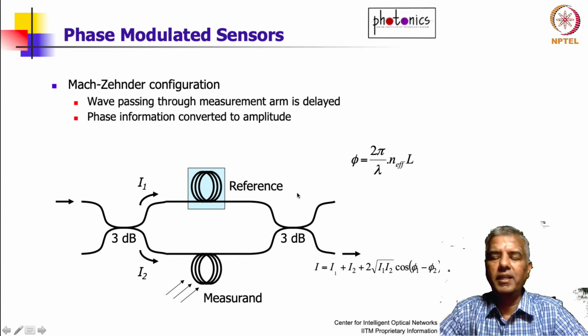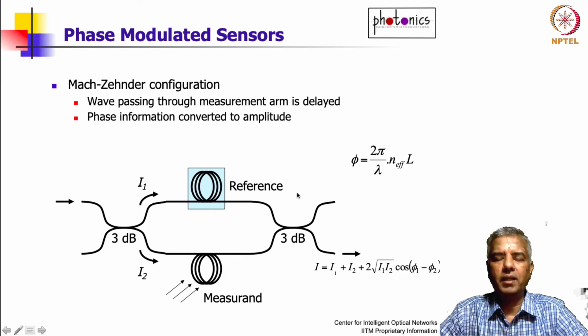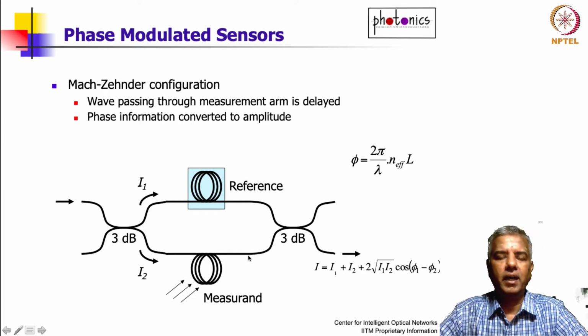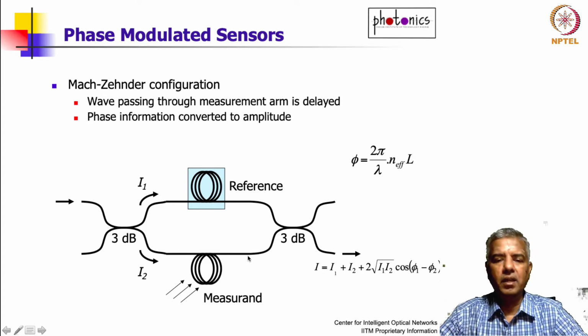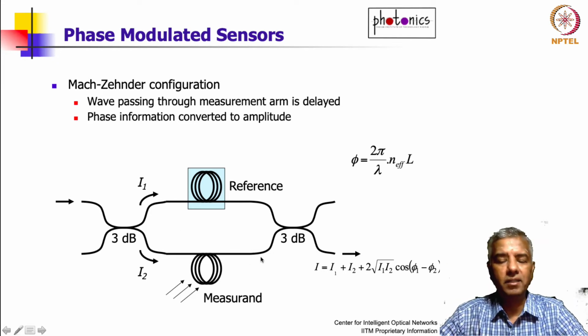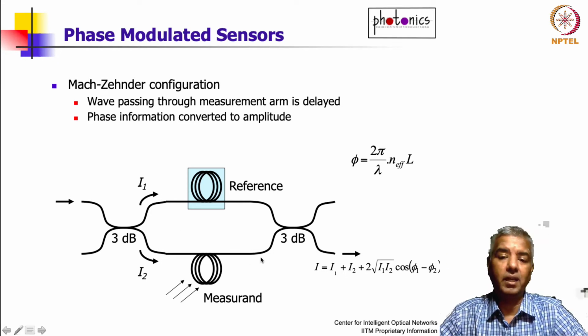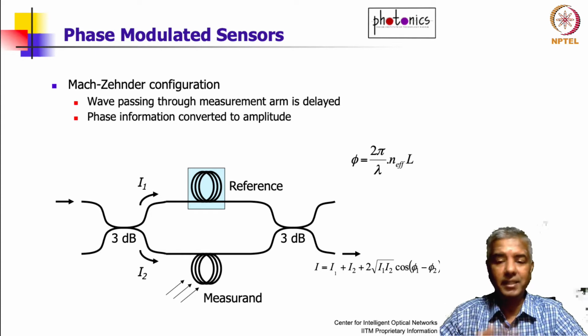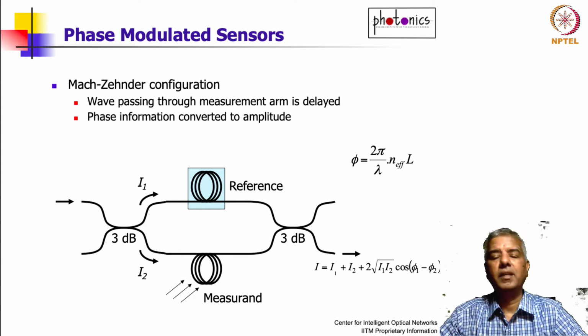You're not going to be able to do this without this arrangement, because you may ask the question, why can't I just take this light here and put it through a detector? In that case, all that you'd be measuring is the intensity. The photodiode that you might use to pick up the light is not sensitive to phase by itself. It's color blind. It doesn't pick up phase, and it also doesn't pick up polarization.